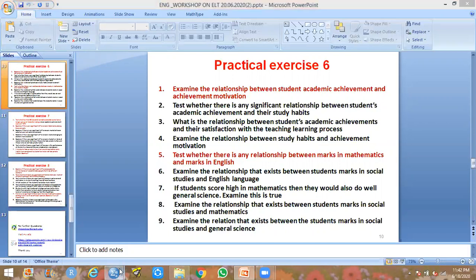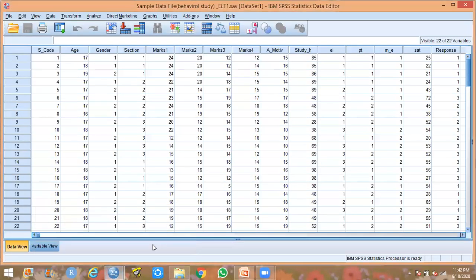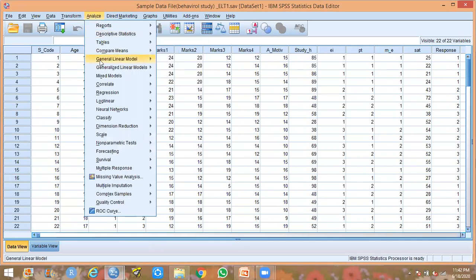Again I am going back to my SPSS data file. Now I'm going to the top menu, Analyze. Our wish is to test the relationship between these two. Again you go to your correlation tool, then bivariate, because you have only two variables, the marks in two subjects like x and y, marks in mathematics and marks in English.